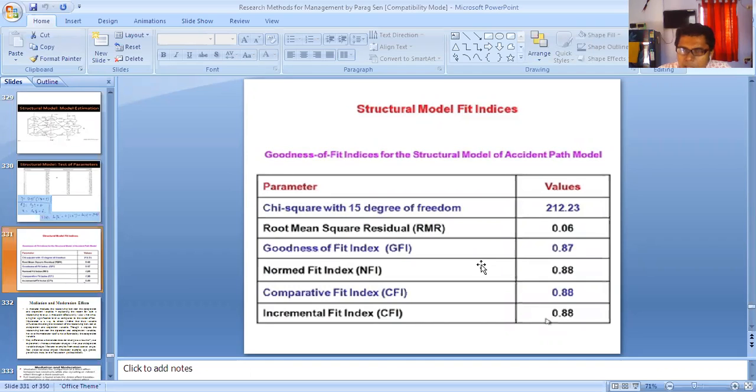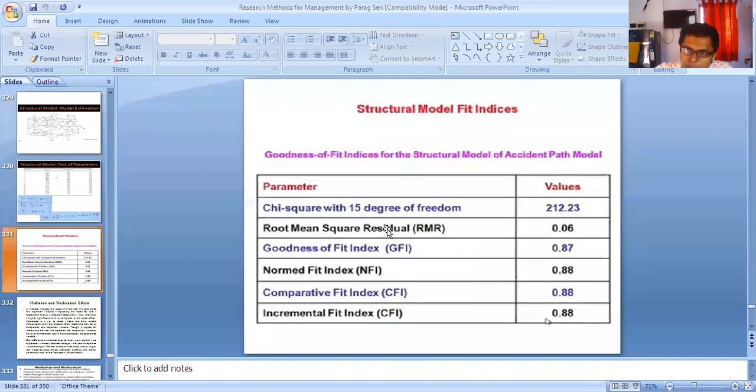After the model identification part, we estimate all the parameters, and that is done automatically by the software based on the measurement model equations.